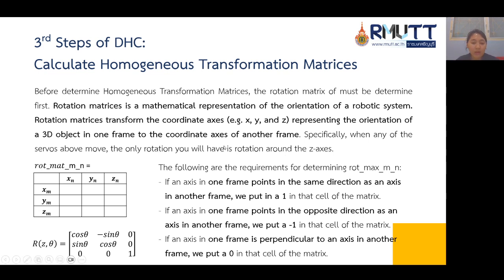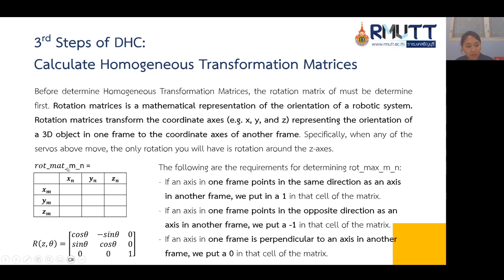And we can see here, this is the rotation matrix of M and N. This is the first step to calculate the homogeneous transformation matrix.